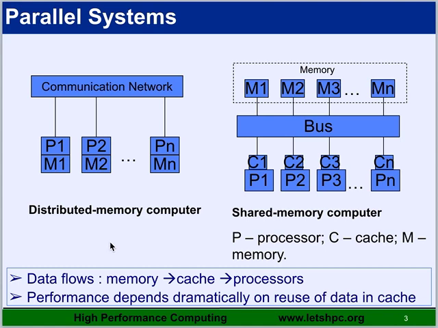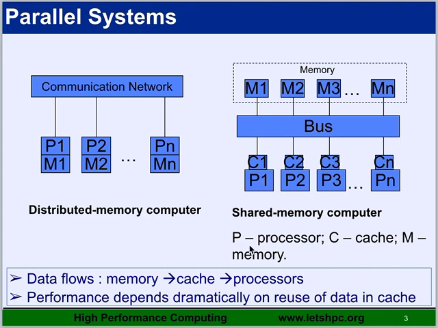As discussed in previous lectures, it's very important to recall that the data which flows from the memory to the processor follows a path. It first comes from memory to the cache and then it goes to the processor.